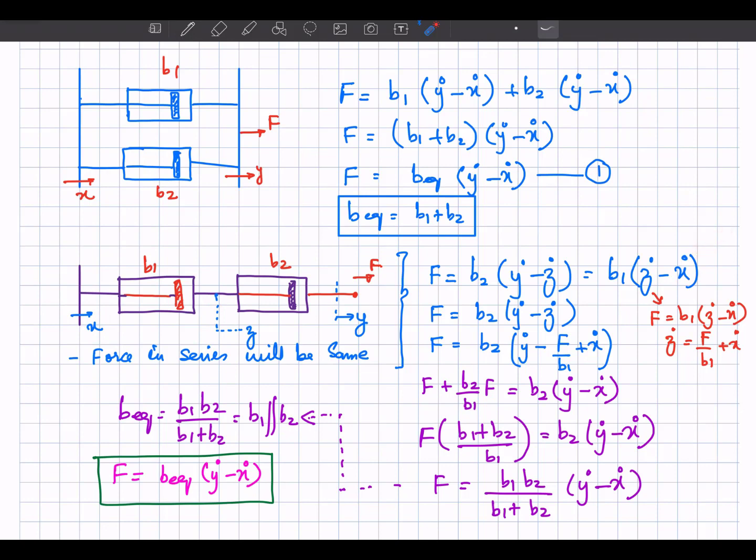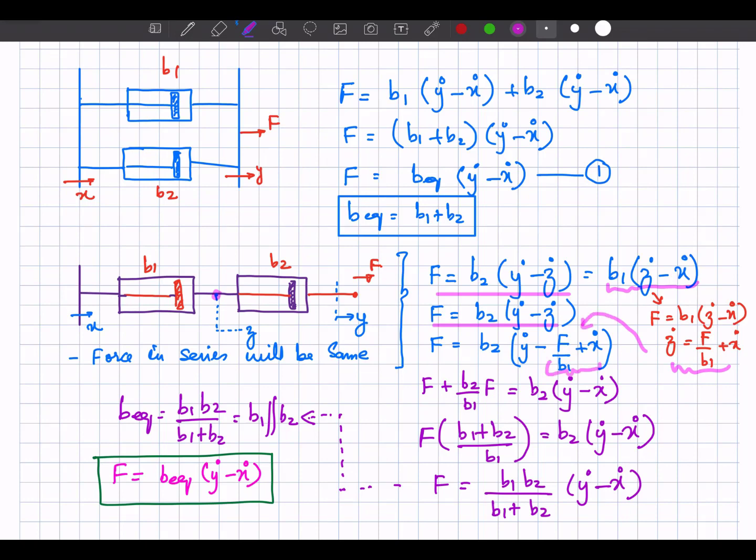Okay, now considering this expression B2 into Y dot minus Z dot, from this expression we are going to eliminate Z dot, the intermediate point. We are going to relate X with Y. To eliminate Z dot, we can use this expression, find out the value of Z dot and place it over here.